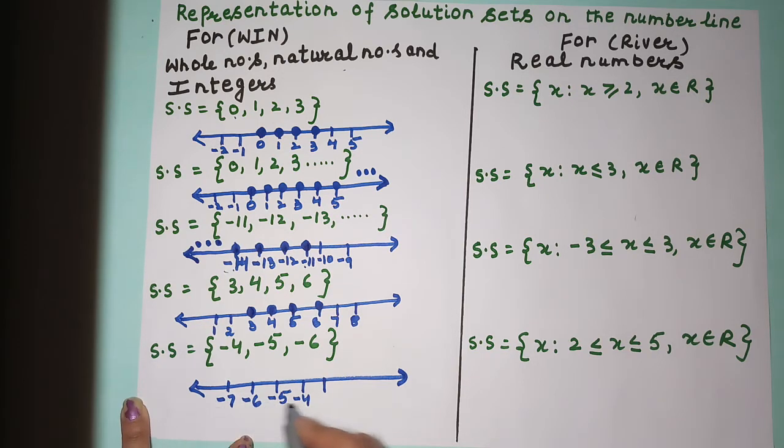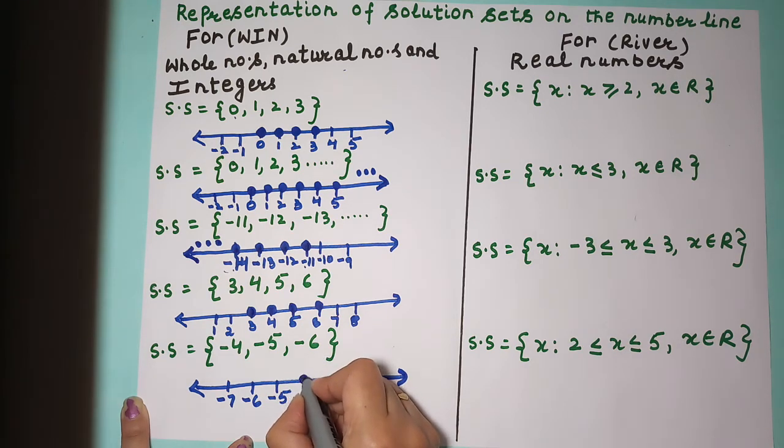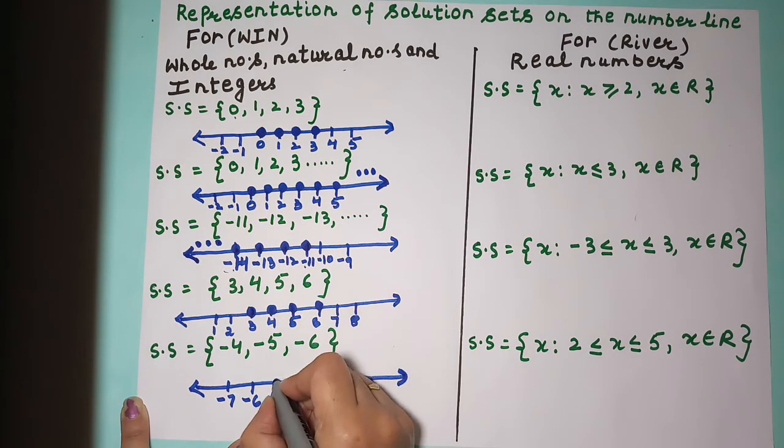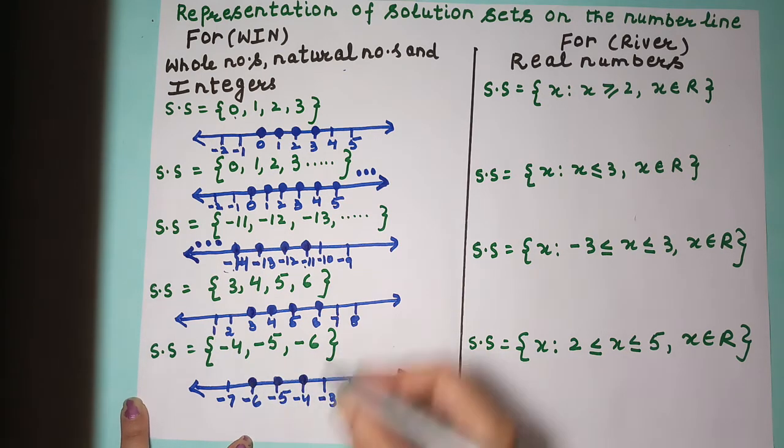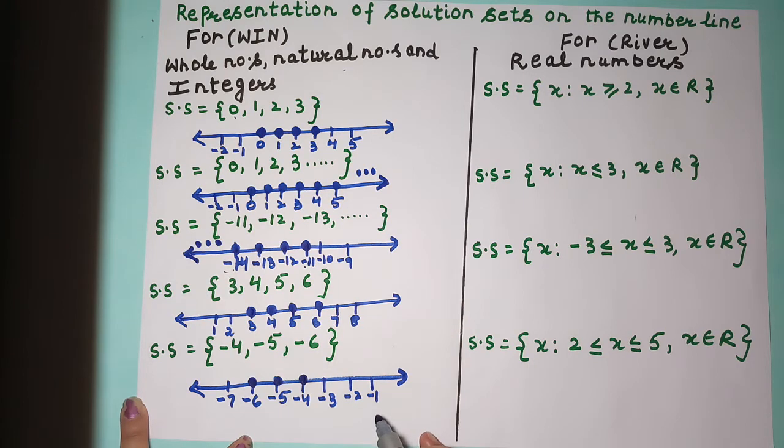So we write it like this: -3, -2, -1. But our numbers are -4, -5 and -6, so we will draw dark circles on -4, -5 and -6. That's how we represent the WIN on a number line.